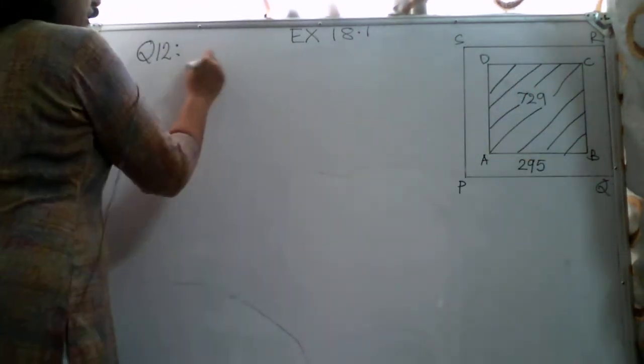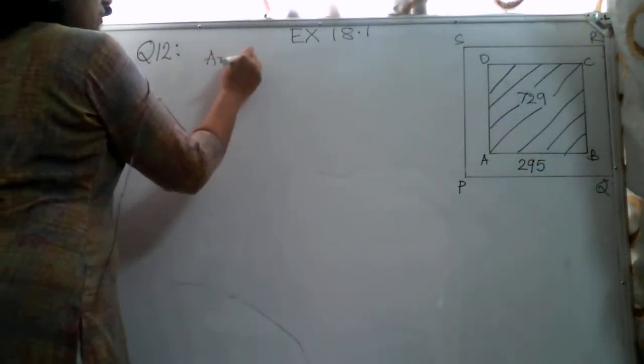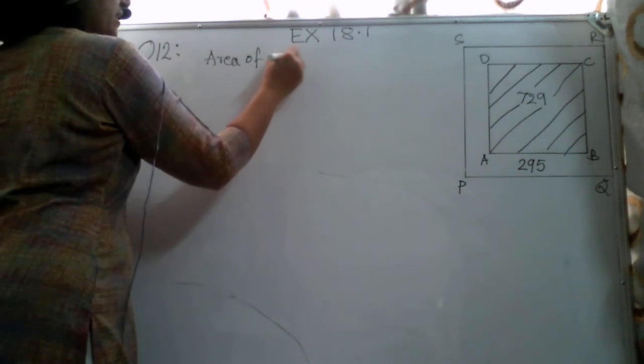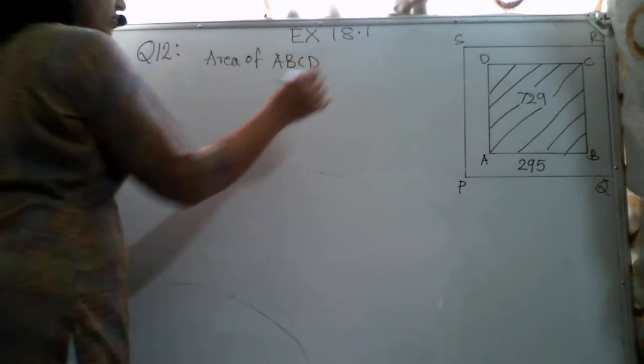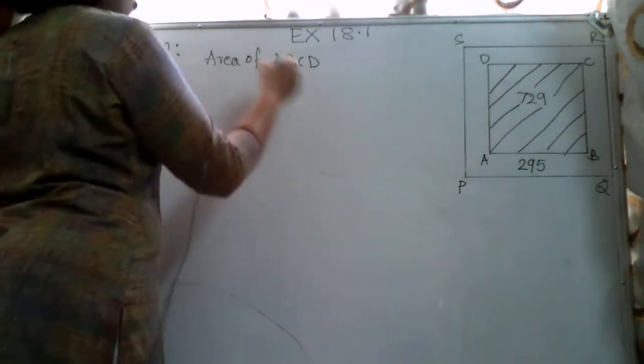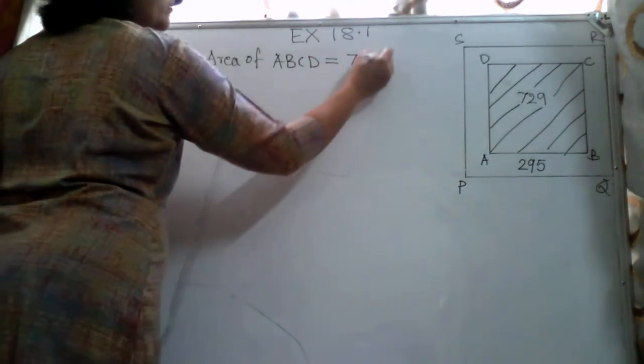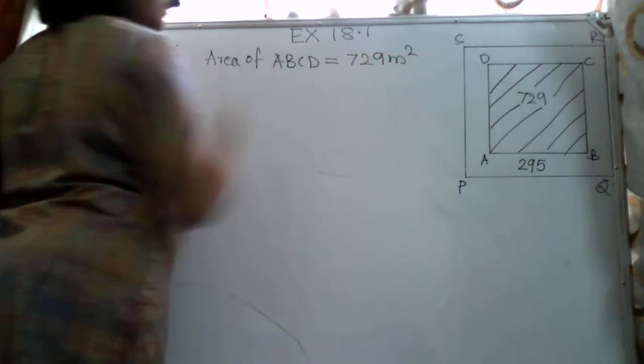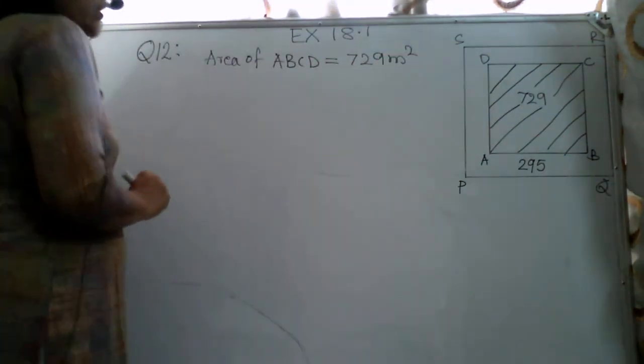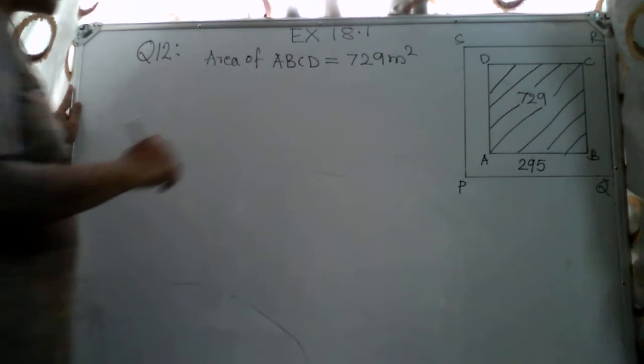Now area of ABCD is a square we have already been given. Area of ABCD is equal to 729 meters square is what is given. Now if I have to find AB, what do I have to do?